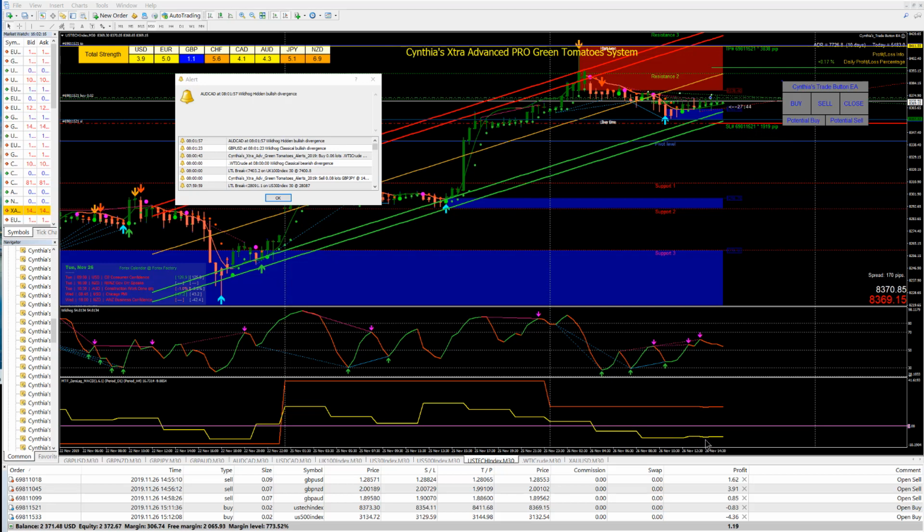But you can still trade with smaller positions when the yellow line crosses either the purple baseline or the orange line. So in this type of reversal trading that we're doing with the Pro system, you don't necessarily have to wait for both the 4-hour and the daily line to be either above or below the purple baseline.